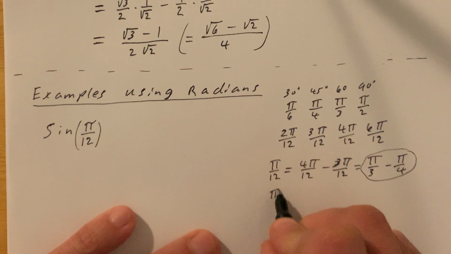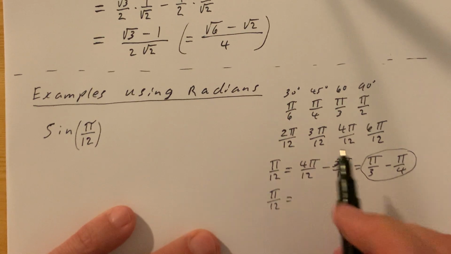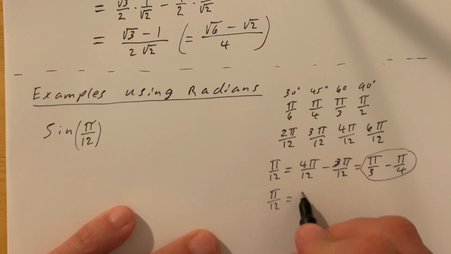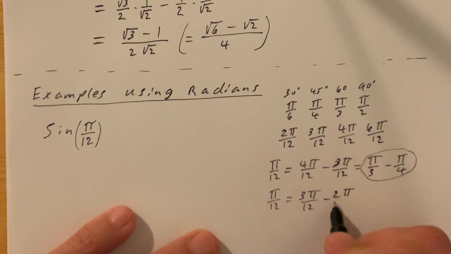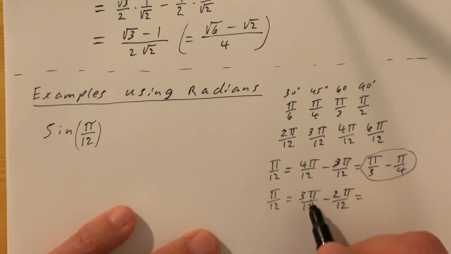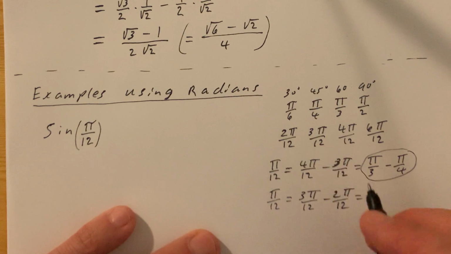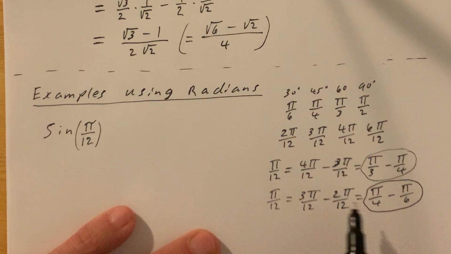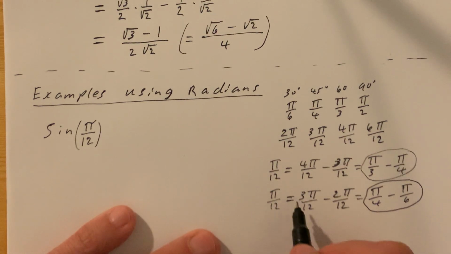Or pi over 12 can equal 3 pi over 12 minus 2 pi over 12. Okay, and 3 pi over 12, well, that's pi over 4 minus pi over 6. Okay, so we've got two options here for writing pi over 12.